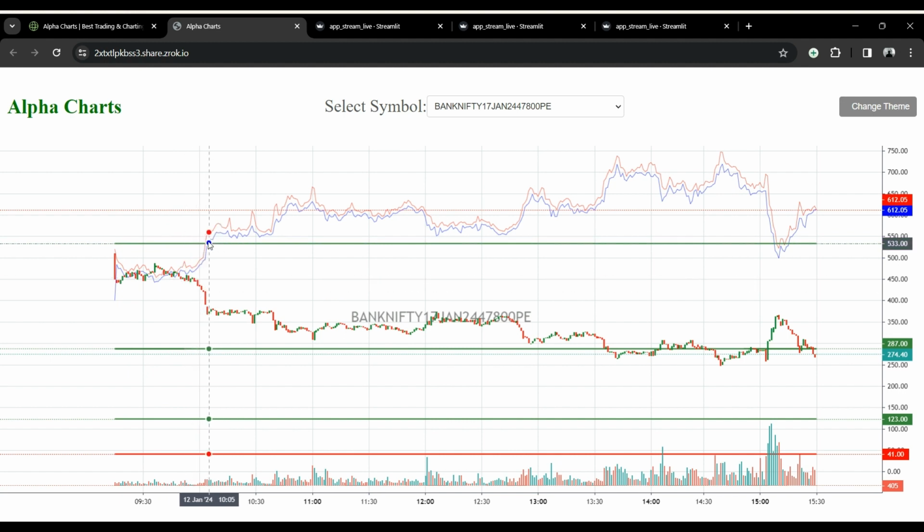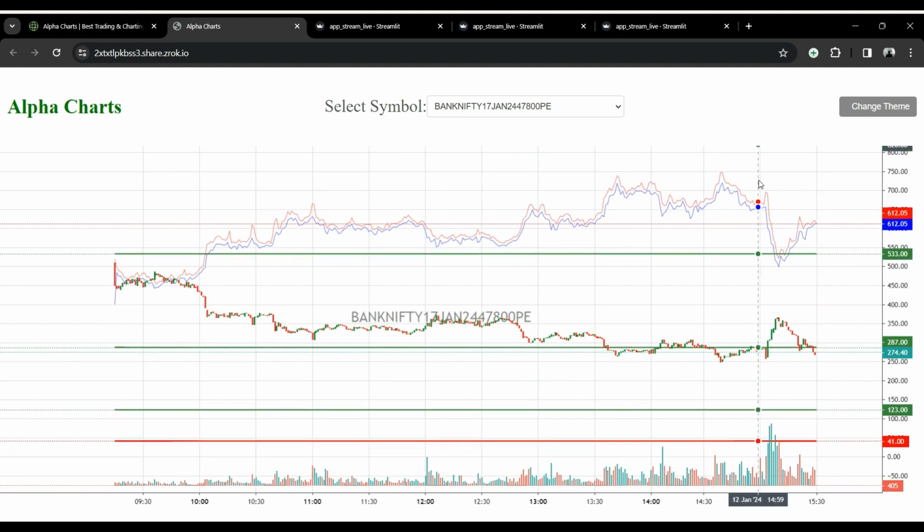So it has crossed this line. So if you bought PE, here is your line where you should book your loss and enter inside for PE. So if you bought it here, almost around 533 to the line was 750. Okay, so almost 250 points you could have made profit.